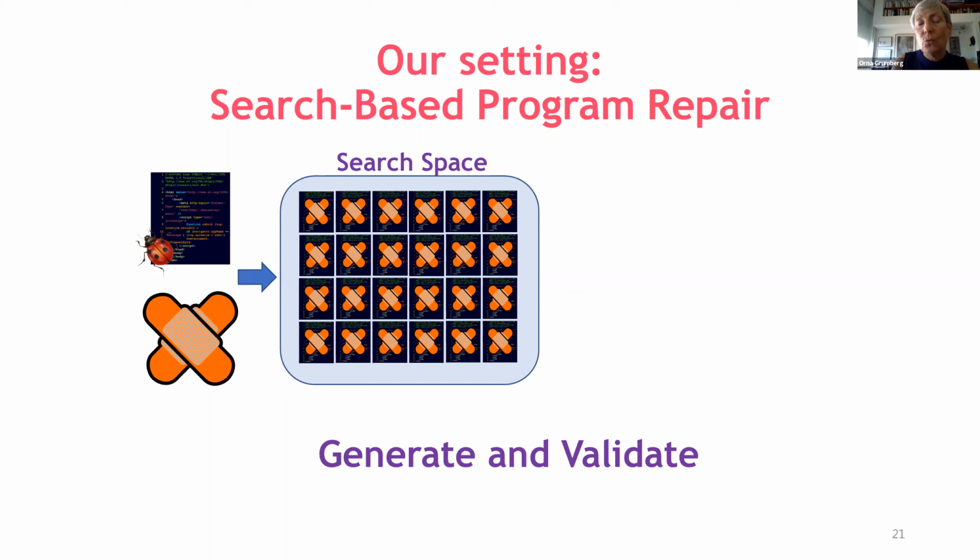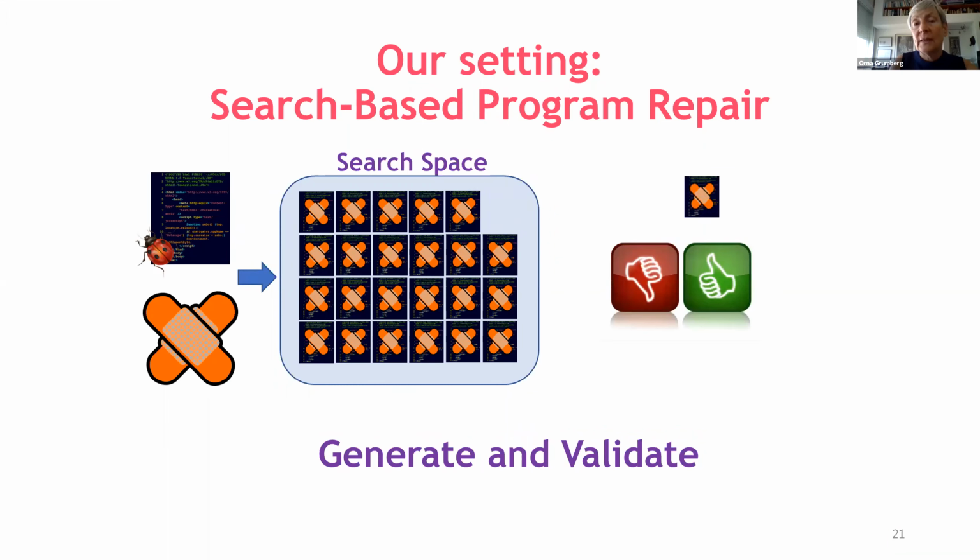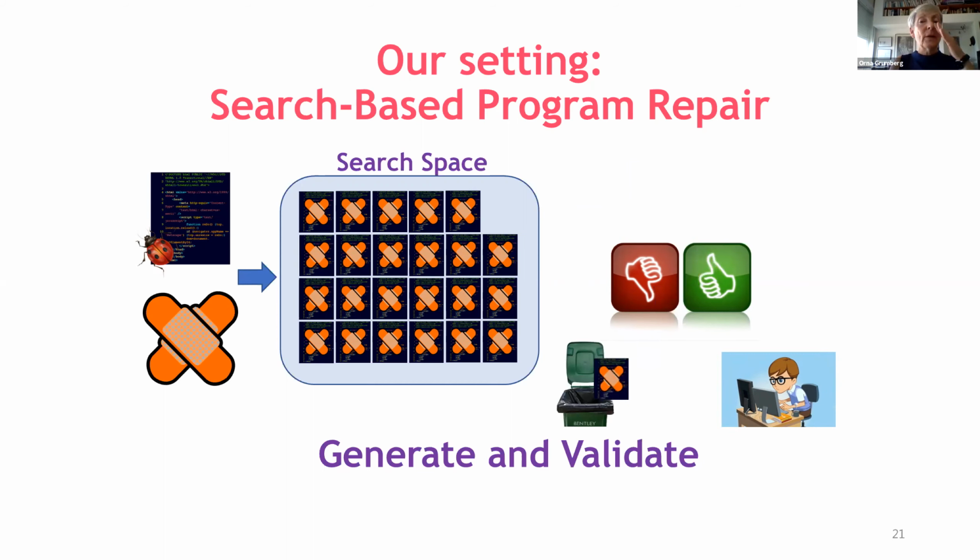And now the method for program repair is generate and validate. So we generate a patched program, and if it is correct, then we send it to the user. And if it is incorrect, then we just throw it away. This is the validate part.